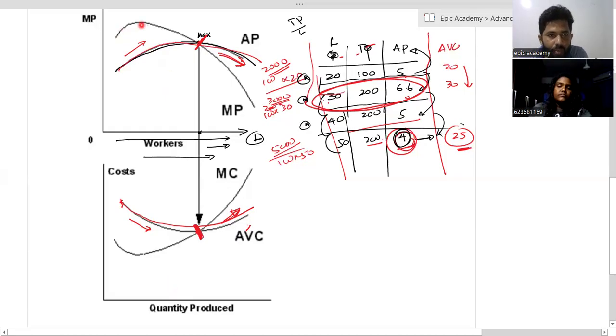So marginal product represents the additional production of the production process when you are going to increase the labor. As an example, at that position, you increase workers by 10, and production increased by 100. So 100 divided by 10, it is 10.